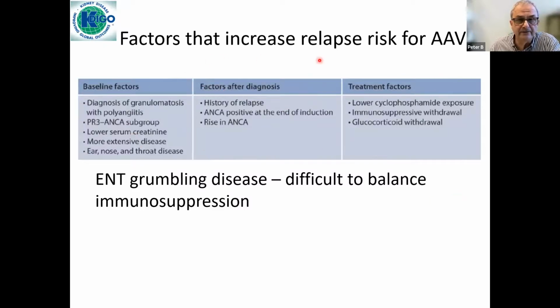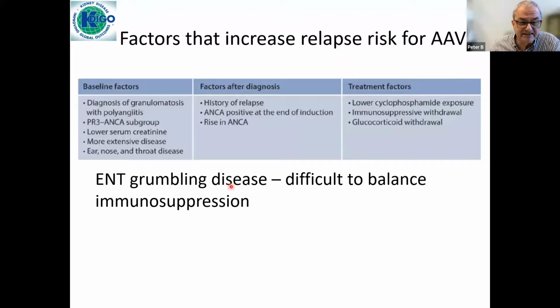And there is a list of factors which increase the relapse risk. This is PR3 ANCA, and GPA is more prone to relapse than MPA, and more extensive disease. If you have a previous history of relapse, there is a high risk, of course, and if you are ANCA positive at the end, if you're not ANCA negative. And if you have less immunosuppression or early withdrawal of immunosuppression, there is a higher risk of relapse.